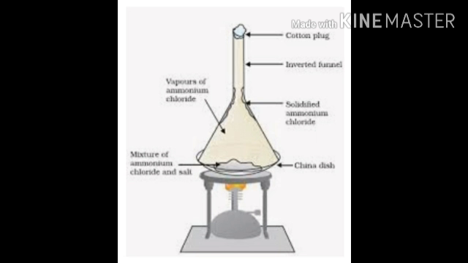First of all, camphor is converted from solid state to vapors directly. After cooling, camphor will again be deposited in solid state on the walls of the container. This is the process to separate a sublimable substance from a non-sublimable substance.